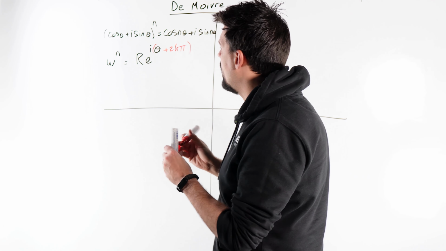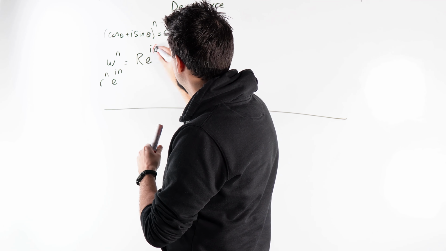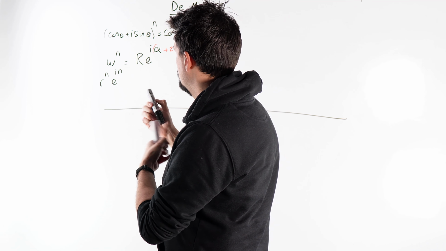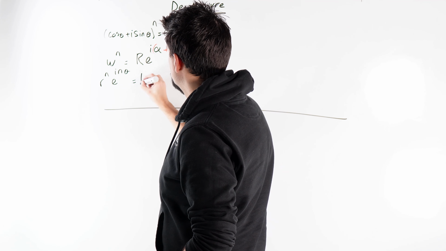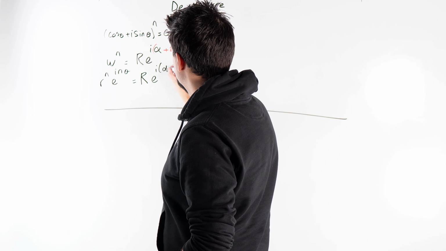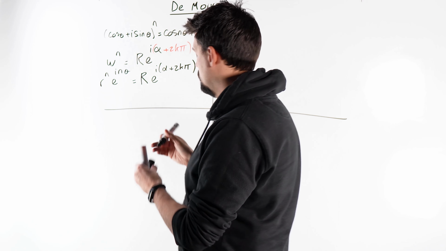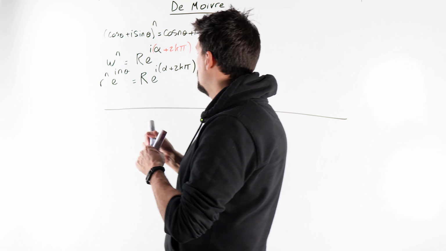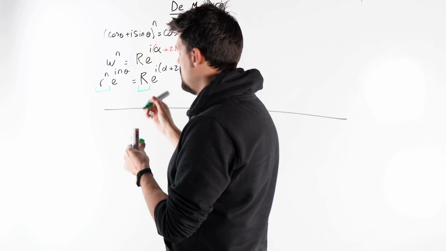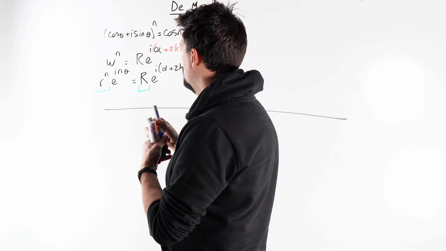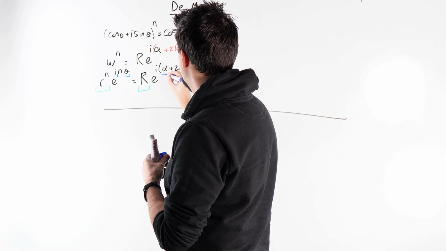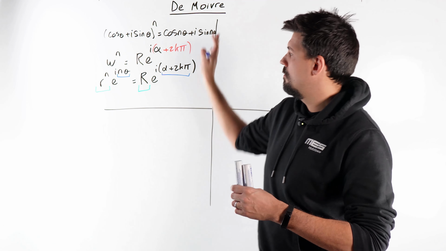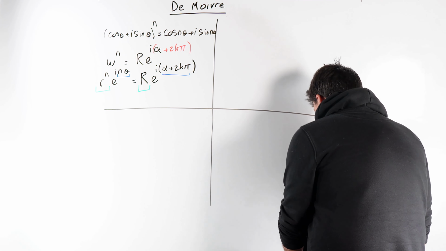We're going to write that as r to the n e to the i n, I don't know, let's actually call that one alpha. And as we do time and time again, that is equal to that. This is equal to this. Powers and roots. Let's go.